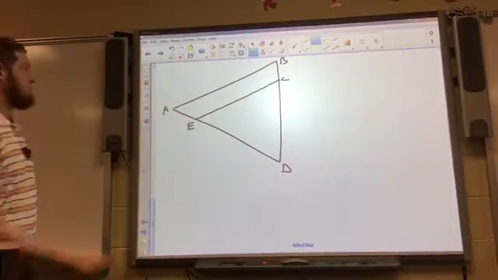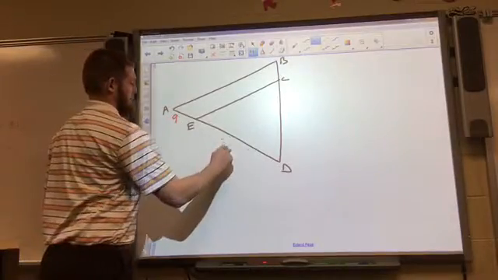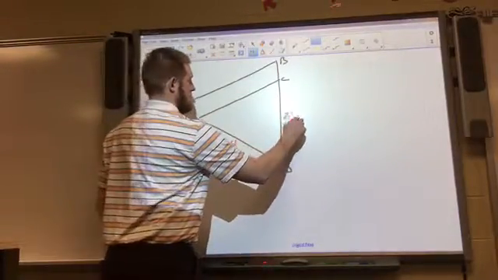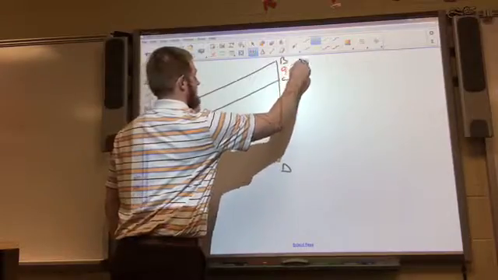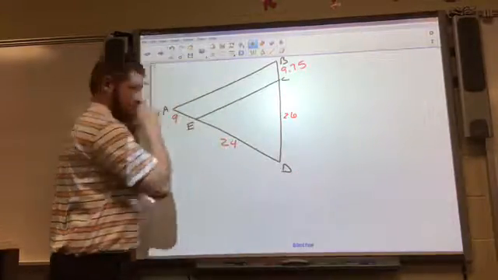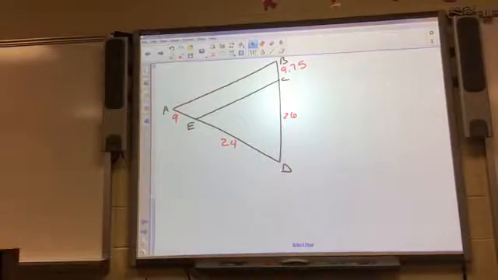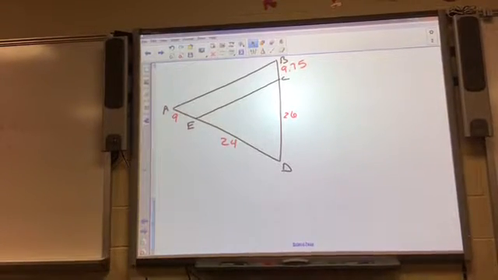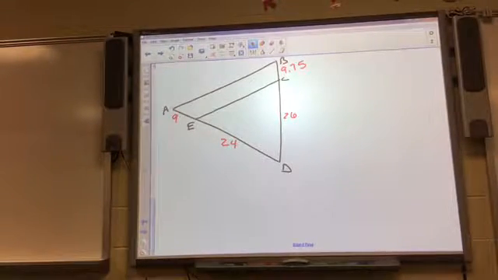They tell us that this is 9, this is 24, this is 26, and this is 9.75. That threw a twist in it right there at the end, right? Because how am I going to set up ratios and understand if they're the same if there's a decimal?